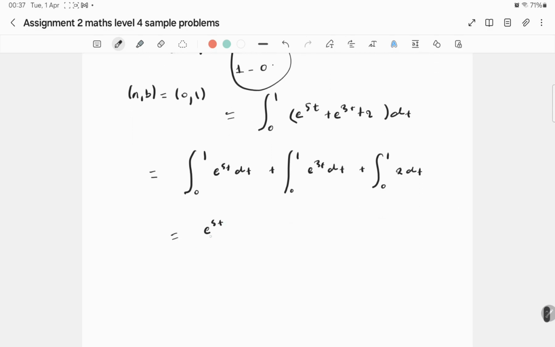That's e to the power of 5t over 5, 0, 1, plus e to the power of 3t over 3, 0, 1, plus 2t, 0, 1.